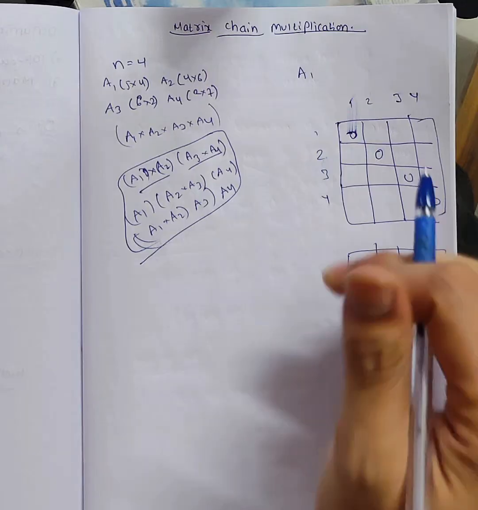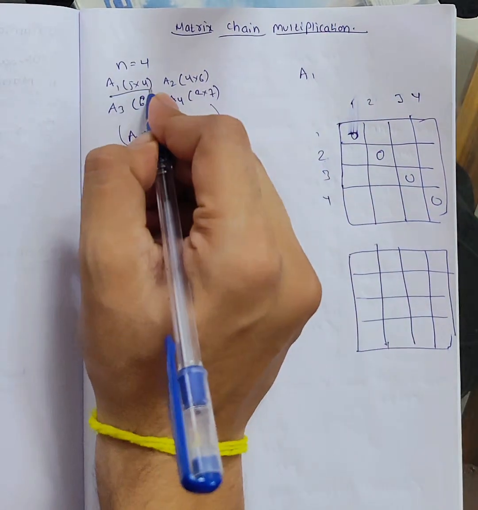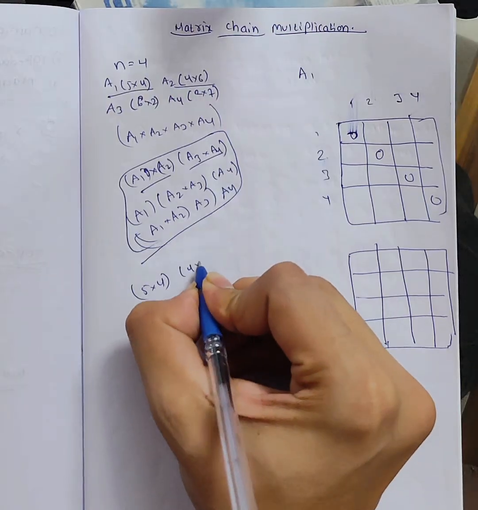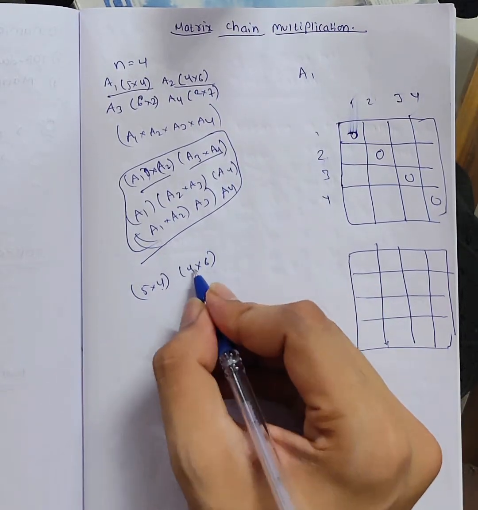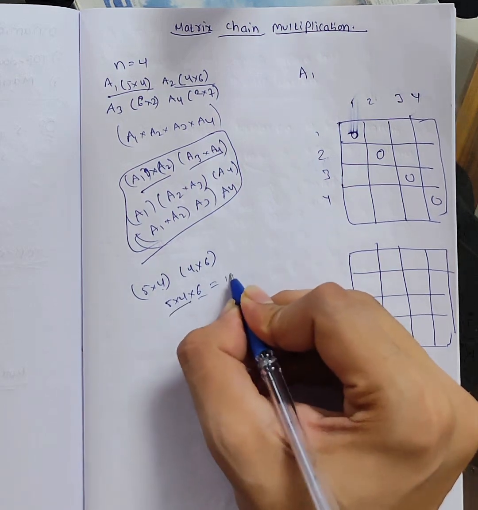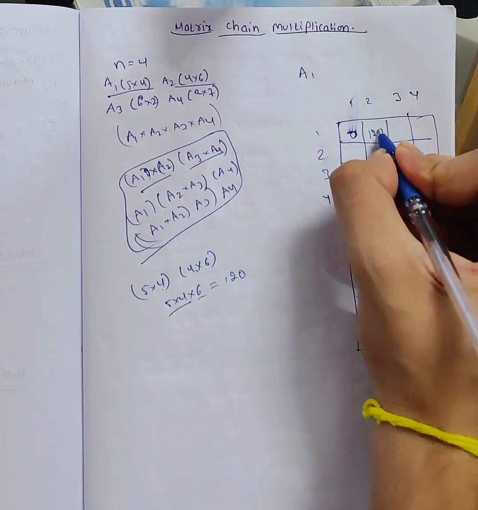Next, 1 2: A1 A2, so 5 by 4 into 4 by 6. As 4 is common, it is 5 by 4 into 6, 5 4s are 20, 20 6s are 120. So here the value is 120.